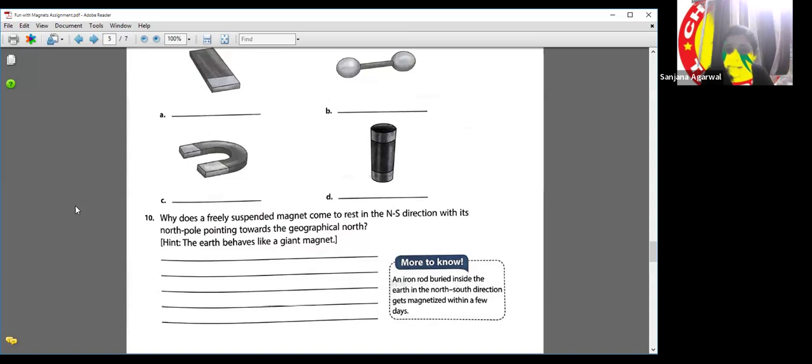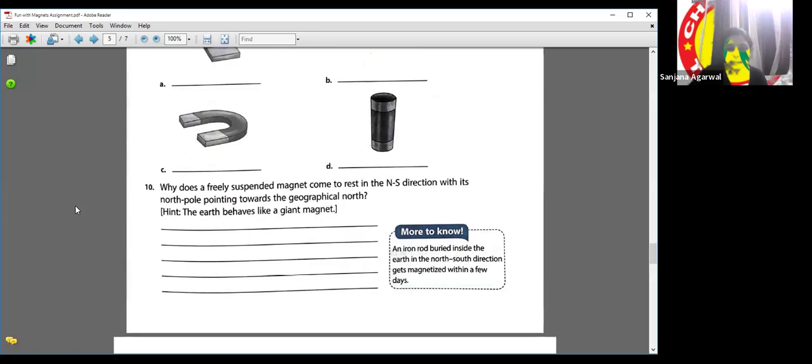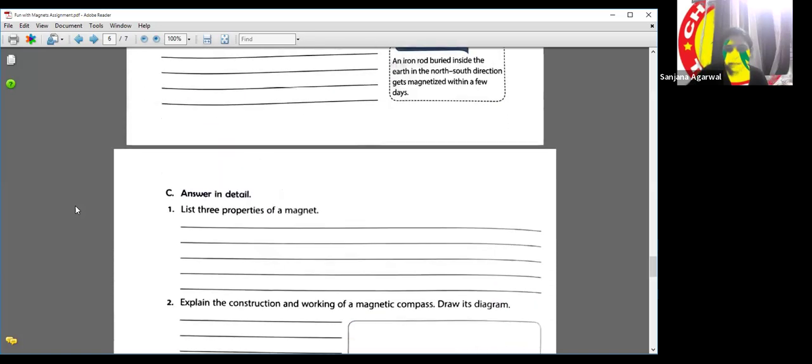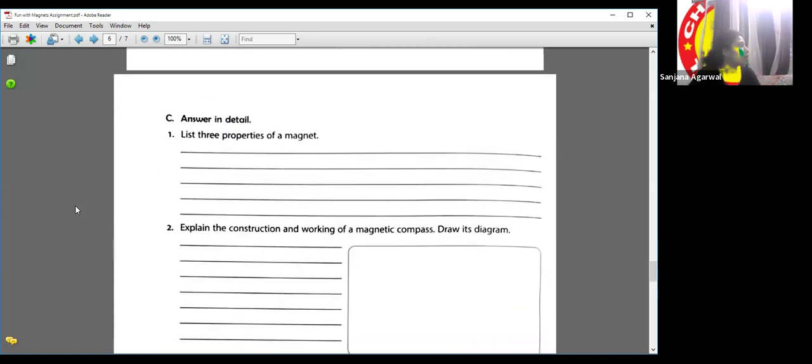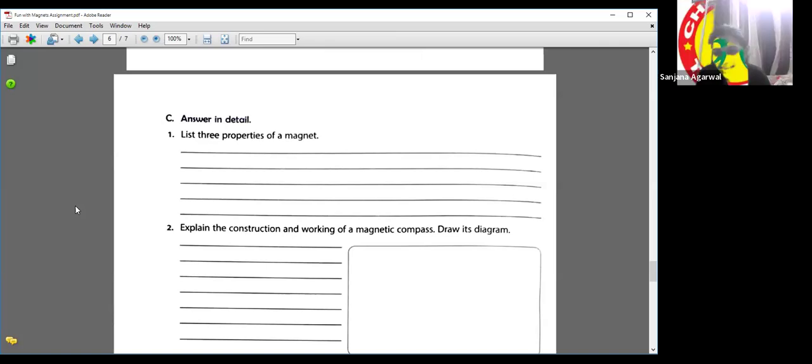The hint is also given, because the Earth behaves like a giant magnet. Answer in detail first. Oh my God, Neha, let me read it. Ma'am, it took me a long time to type it.